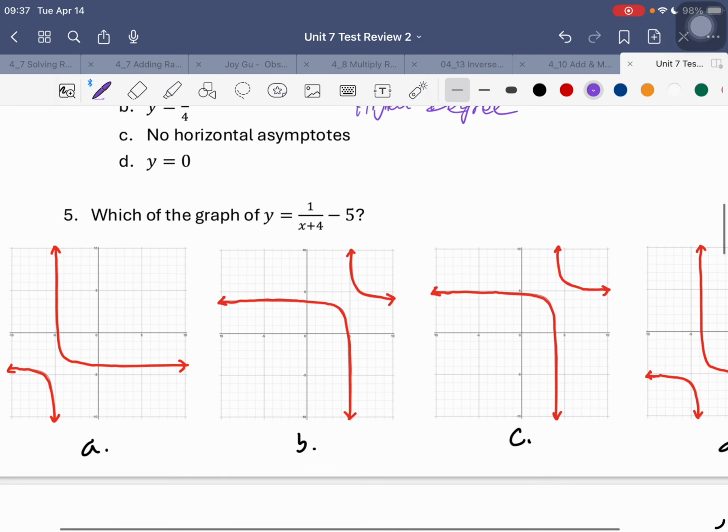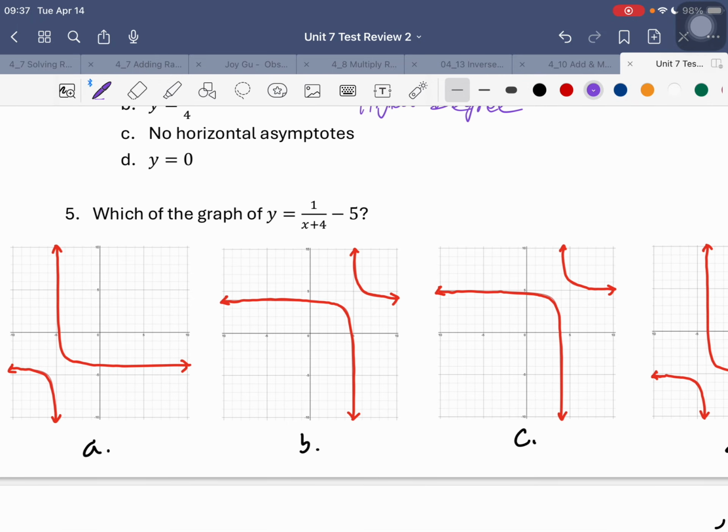Okay, question 5. Which of the graph is y equal 1 over x plus 4 minus 5? This is a vertex form. You can also look at the anchor chart in the front.